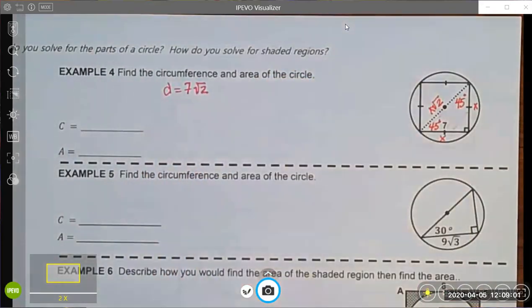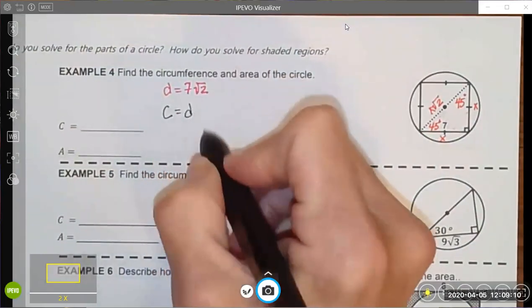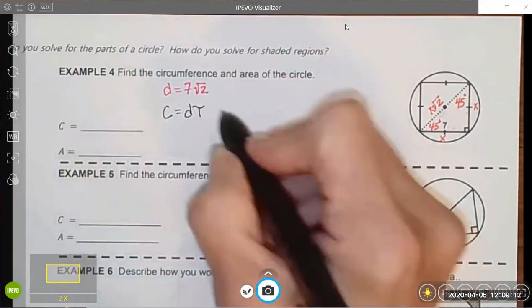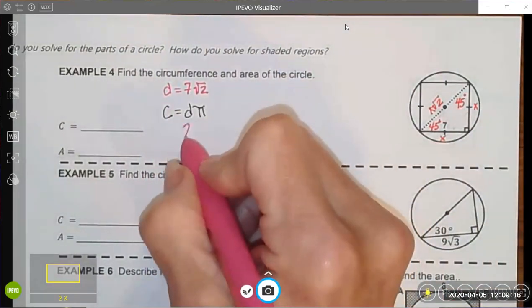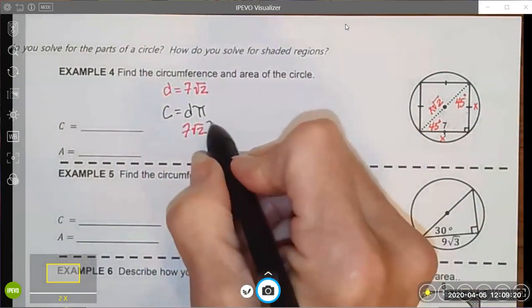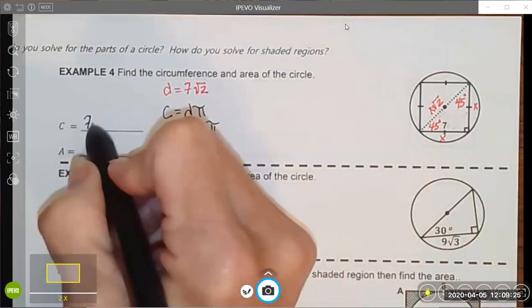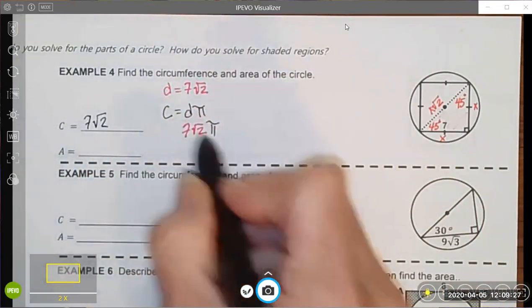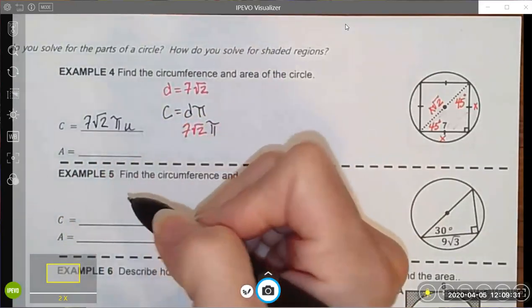That helps me find the circumference because I remember that circumference is really just diameter times pi. So if my diameter is 7 square root 2 times pi, then I have my circumference. And again, we typically find the pi symbol written at the end of the expression.